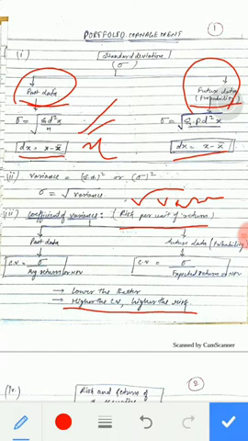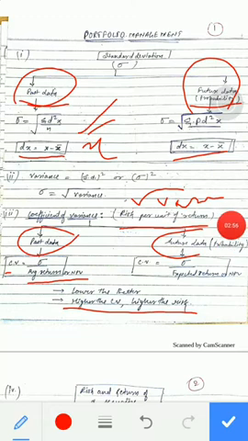In that case also, if the past data is given, then the coefficient of variance will be standard deviation upon average return or NPV. Whatever data is given in the question, they may give NPV or they may give average return. And if the future data is given, then the coefficient of variance will be standard deviation upon expected return.